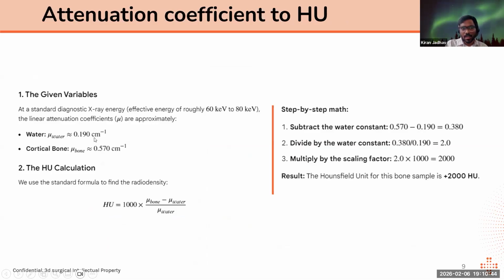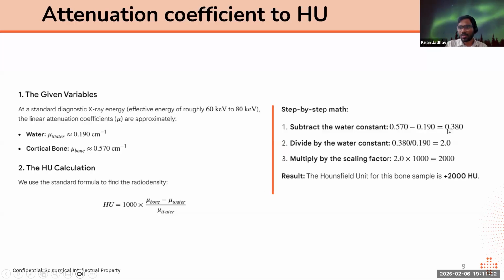Suppose the attenuation coefficient for water is nearly 0.190, where attenuation means the absorption rate of that photon plus the scattering, and the value for cortical bone is around 0.570. Putting these values in, 0.570 is the attenuation coefficient for the cortical bone, from which we subtract the water value.